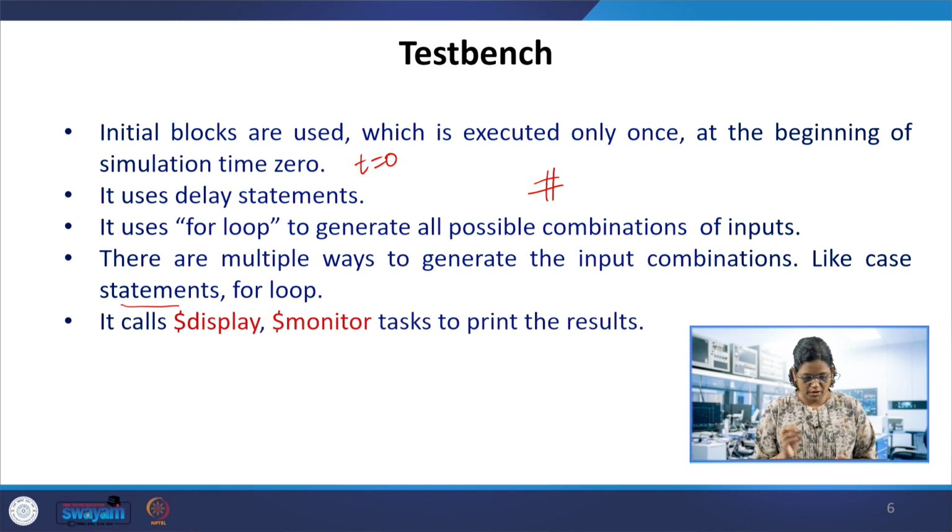The test bench also calls $display, $time and $monitor tasks to print the results. $time prints the simulation time, and $monitor shows the signals that have been observed during the simulation. $display also displays the signals we want to see, and if you want to pop up any error message, it can be displayed using the $display task.